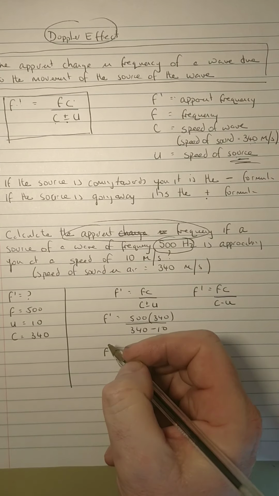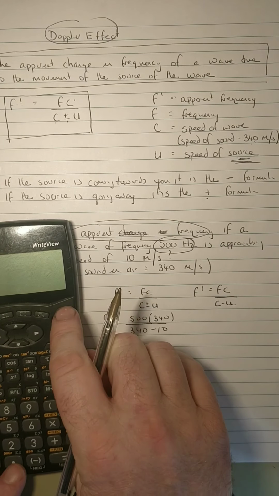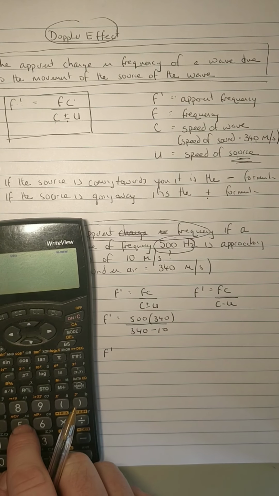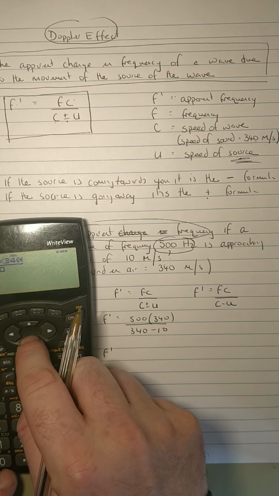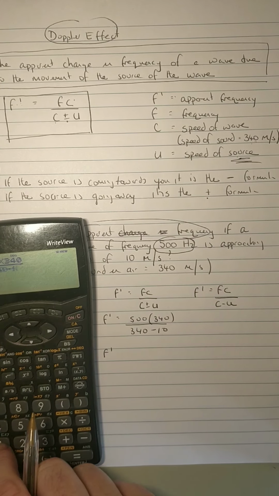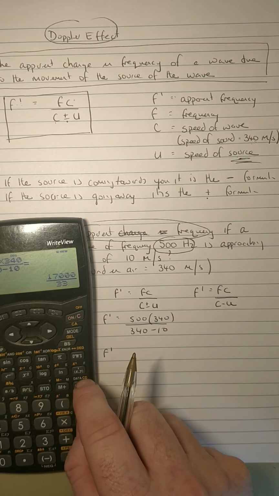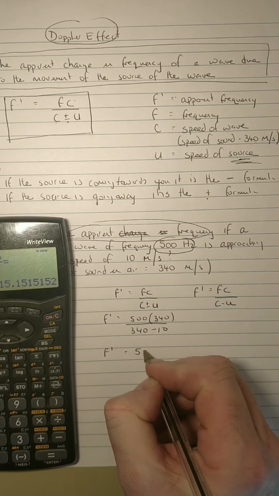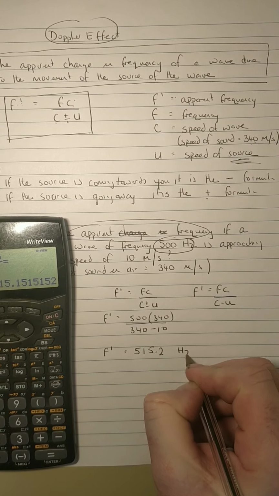Okay, your calculator now will do the rest for you. Just use your A over B. So we have 500 multiplied by 340 over 340 minus 10, and as you've seen earlier, if it's coming towards you, the frequency will be higher, and it's working out as planned: 515.2 hertz.